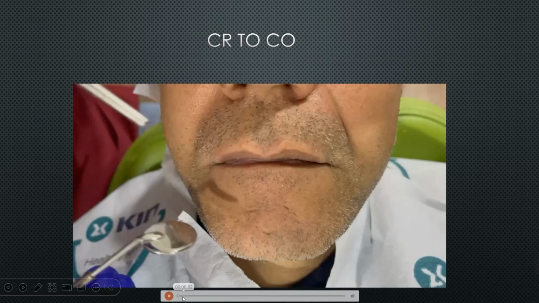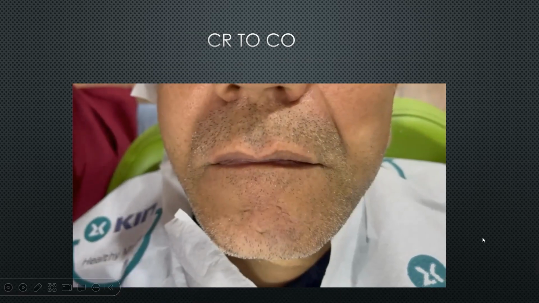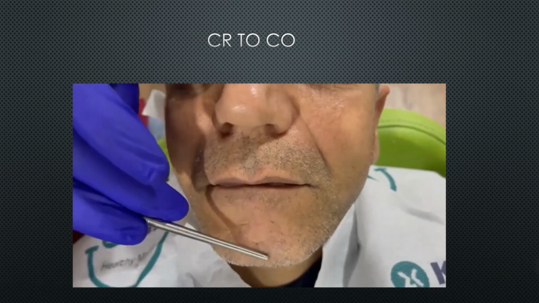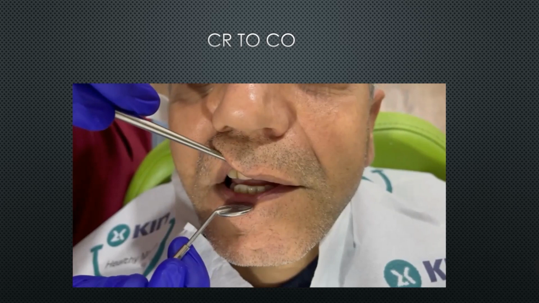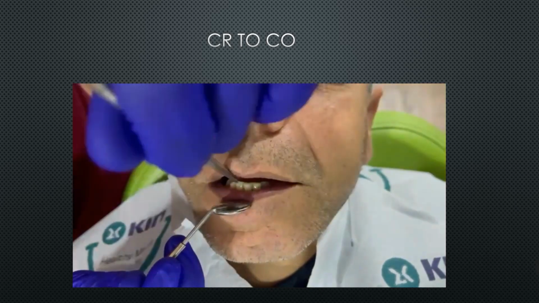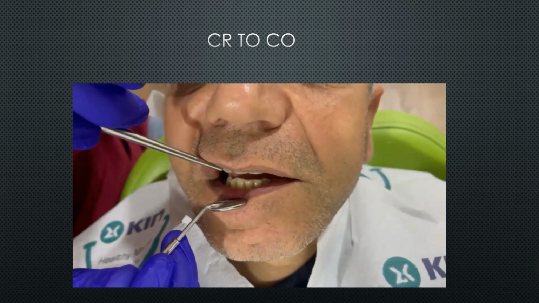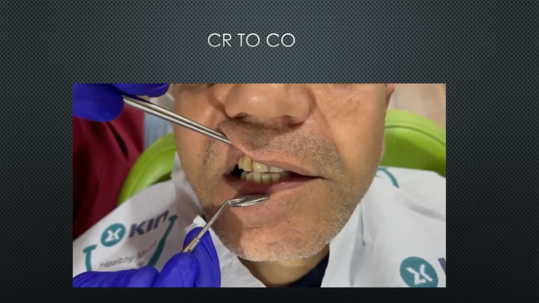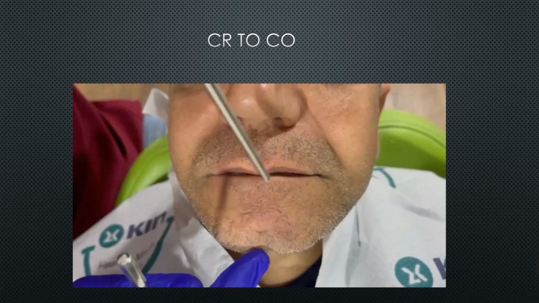Okay, we'll take this video. See the translocation of the mandible from centric relation to centric occlusion. This is the point. We see this is the freeway space. He's in rest position. We'll ask him to close.